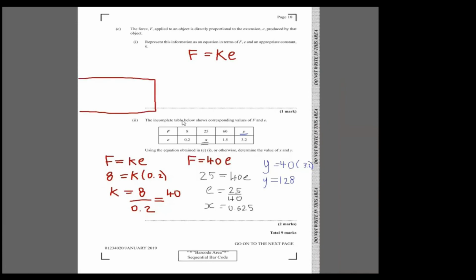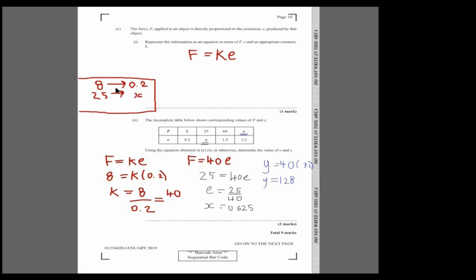Alternate method, what you could do, guys, is say, all right, when the force is 8, so this is for F, when the force is 8, it is going to an extension of 0.2. All right. So therefore, when the force is 25, it's going to an extension of x. We don't know what x is.